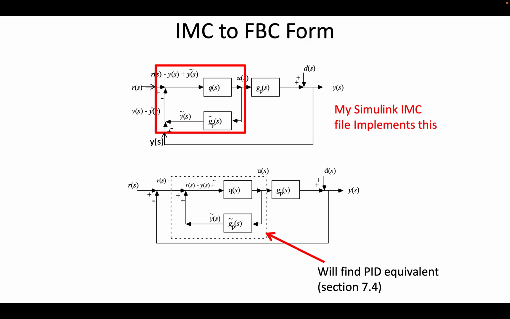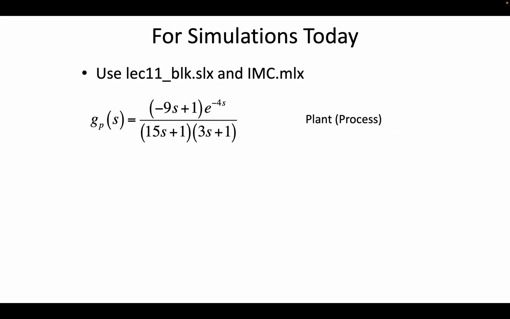So this would be the feedback form, where now we are comparing the set point and the measured output, and then what we have right here would actually be the error signal entering this dashed line block. So we can think of that as being GC. And so what you're going to find is when we implement this for different forms of models, it'll often be PID equivalent.